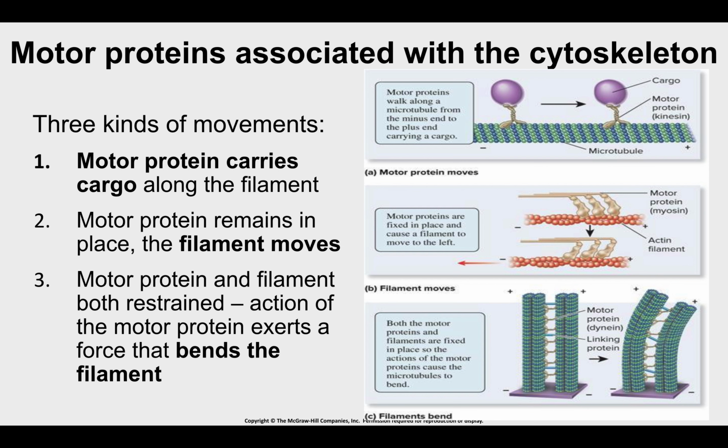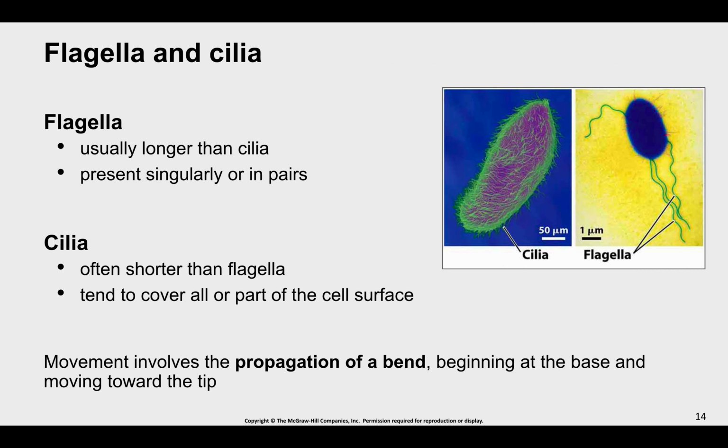And even beyond that, there's a type of movement that's like bending the filaments, where the filament isn't moving, the motor protein isn't moving, but the force enacted between the two is causing a bending motion. A really good example of this can be found in flagella and cilia of cells.